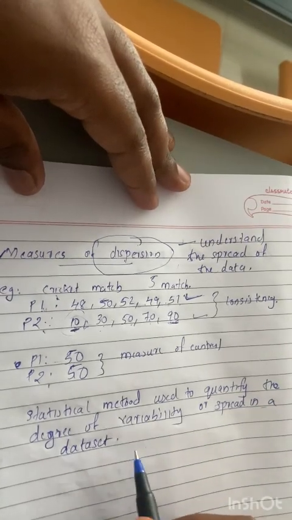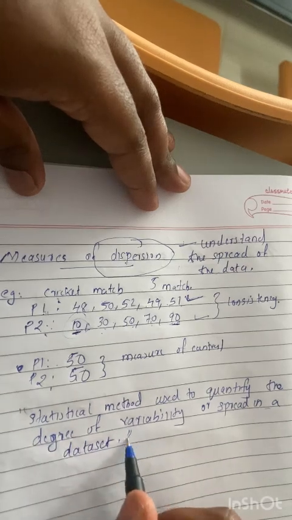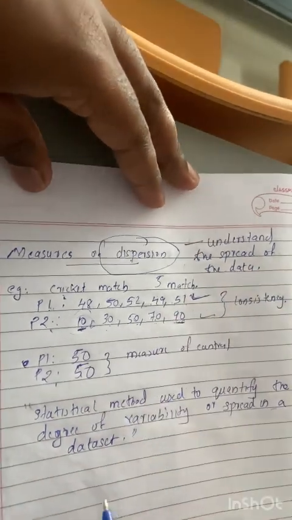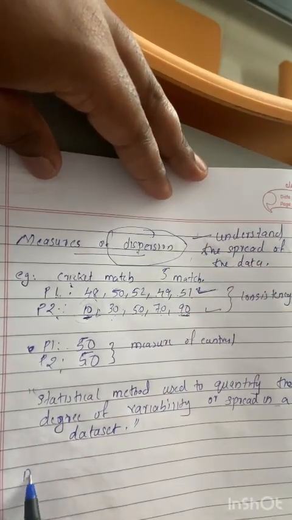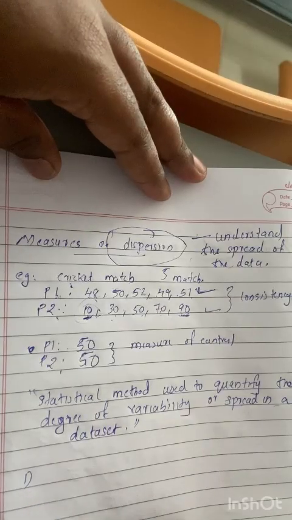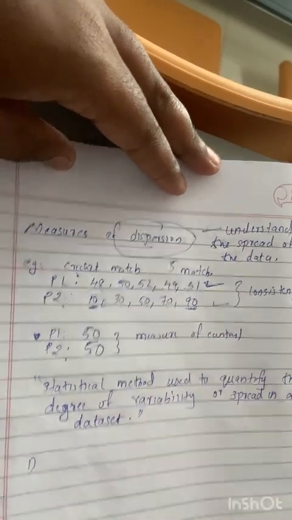Okay, so this is the definition for measure of dispersion. In measure of dispersion we are studying mainly 4 things. In measure of central tendency we studied 3 things: mean, median and mode. Here we have 4 things.